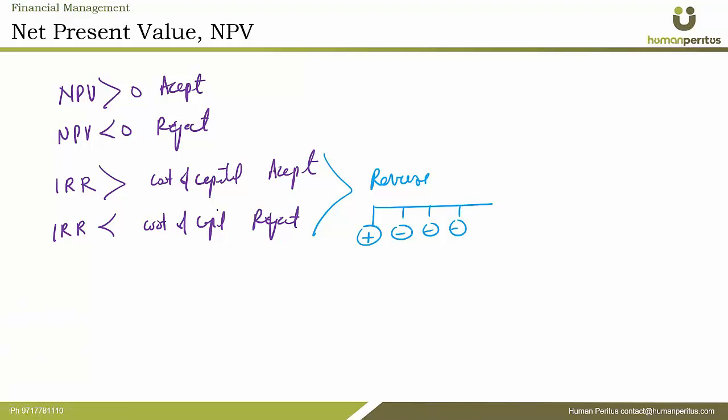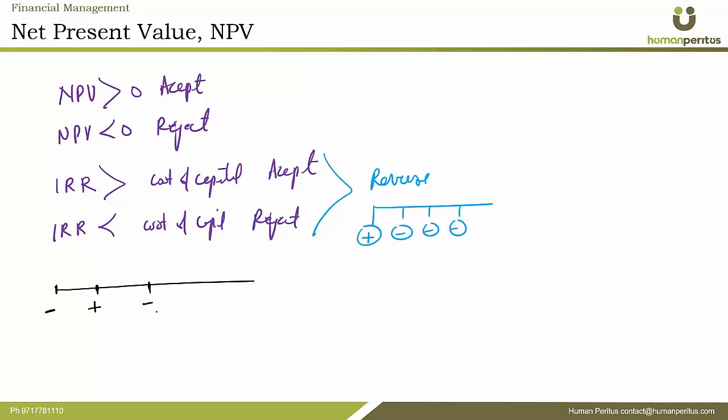Next thing which we discussed was that in case your cash flows are fluctuating, for example, this is maybe your timeline, and your first cash flow is negative, then there is a positive cash flow, again there is a negative cash flow.